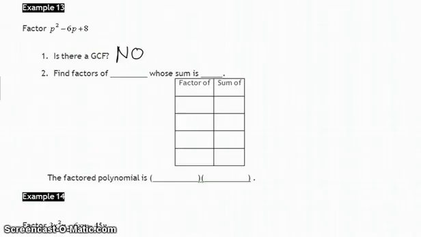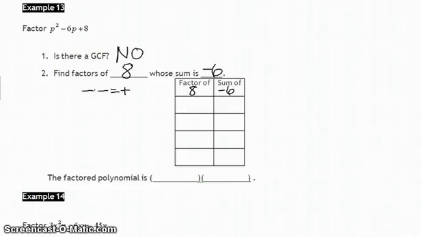Finding factors of 8, our constant, that add up to negative 6. So factors of positive 8 that add or total to negative 6. You should have seen that to get the total of negative 6, I'm only going to look at a negative times a negative for that 8.